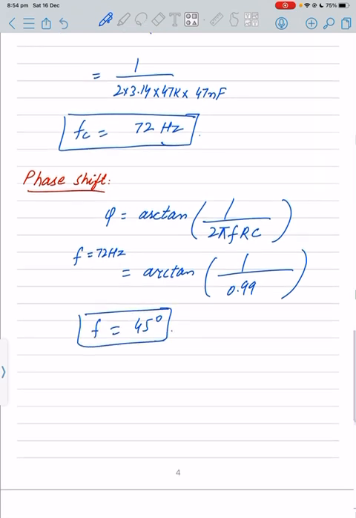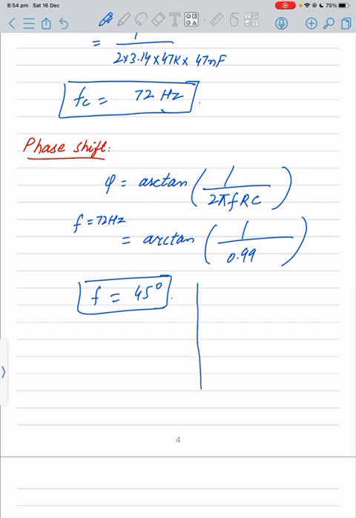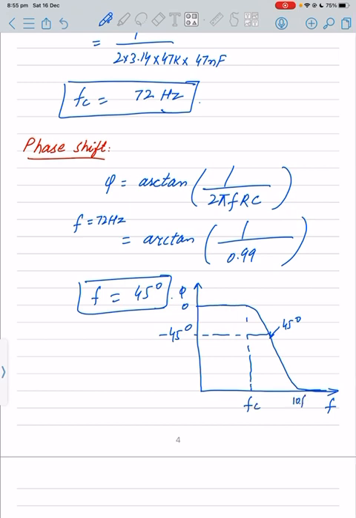So that's why, when we ask what the change in the phase shift is for the low pass filter, we say that during low frequencies there is no phase shift, but as soon as the corner frequency is reached, it becomes around 45 degrees, let's say minus 45 degrees, and after that it will become around 90 degrees.